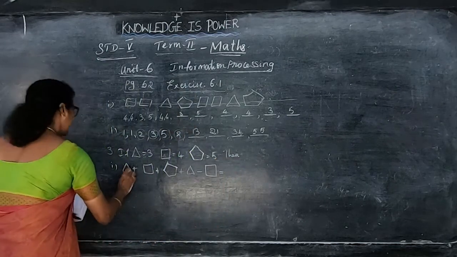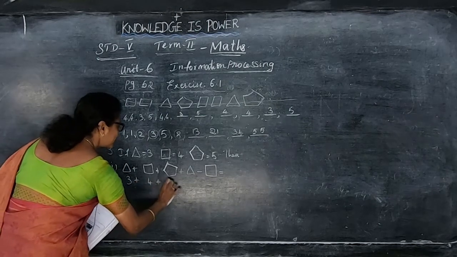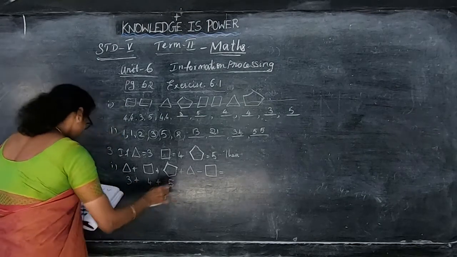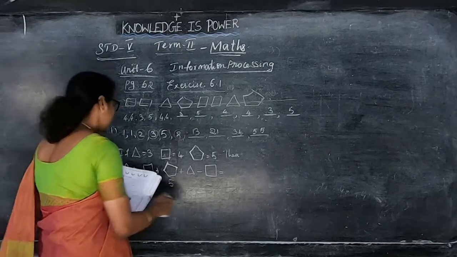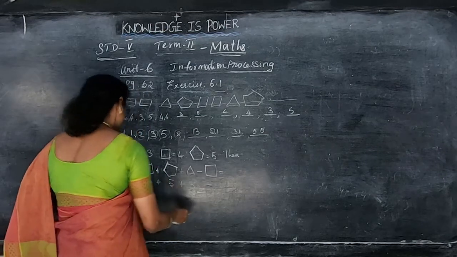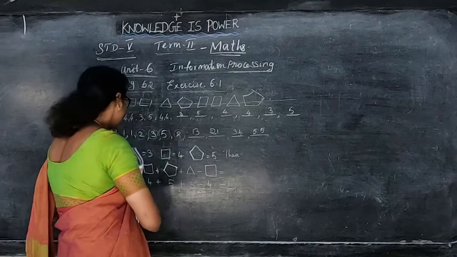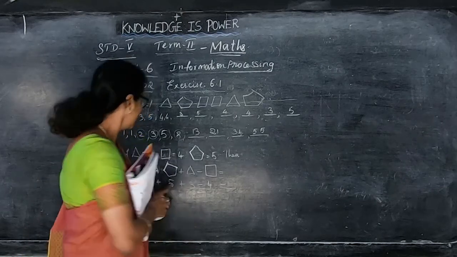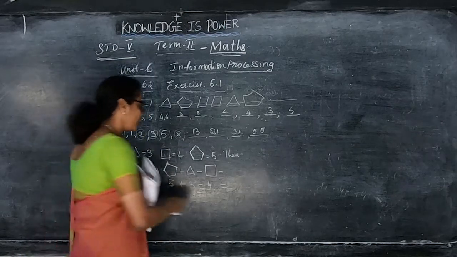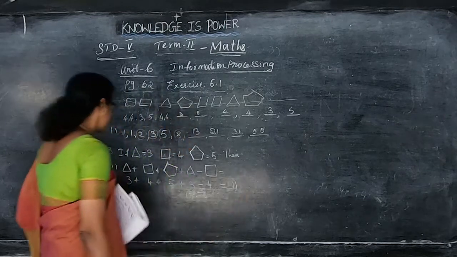So the triangle has value 3, plus square is 4, plus hexagon is 5, and triangle again you have to add 3, and this square shape is 4. Here since there is a minus sign, minus 4. That is equal to how much? So add everything. 4 plus 3 is 7, plus 5 is 12, plus 3 is 15. 15 minus 4 is equal to 11 is the answer.